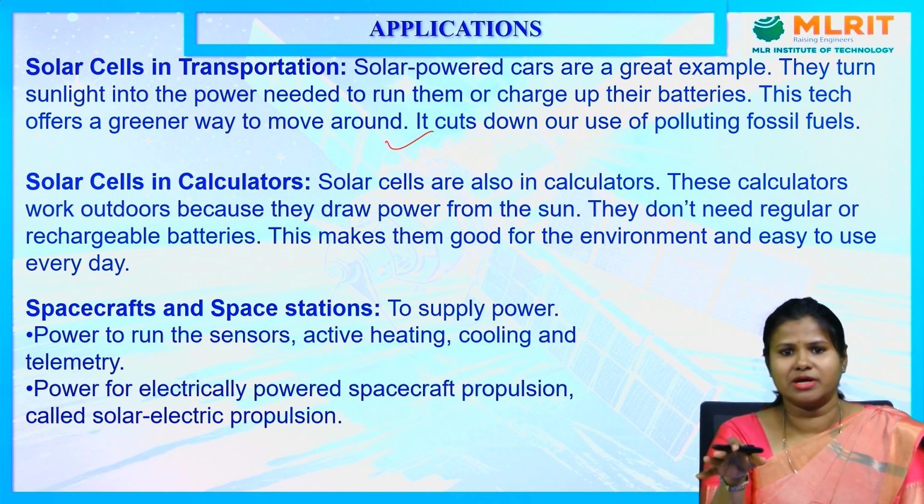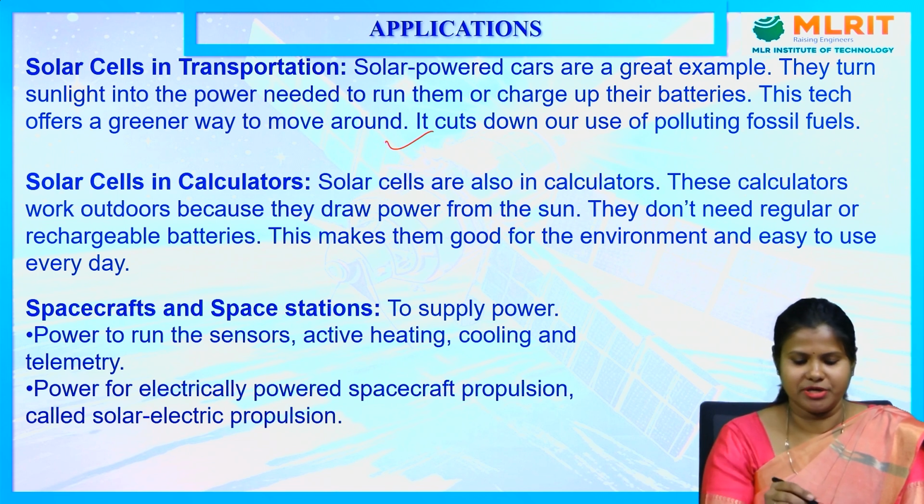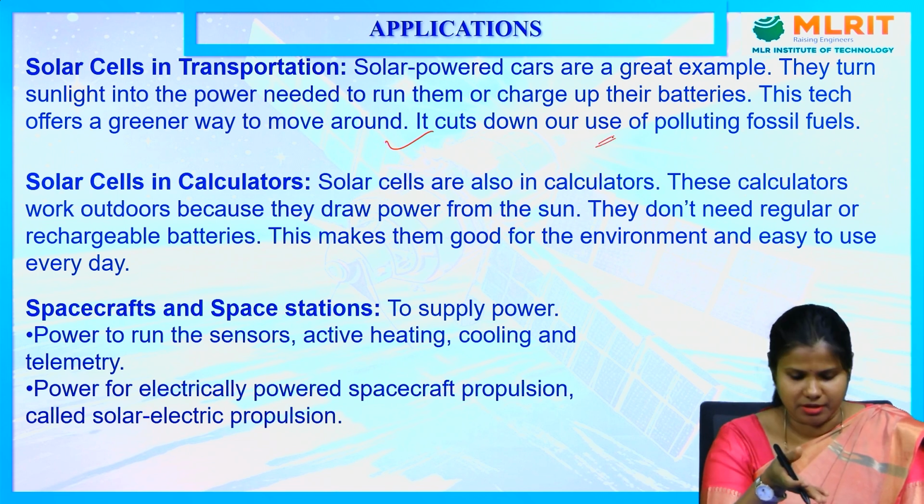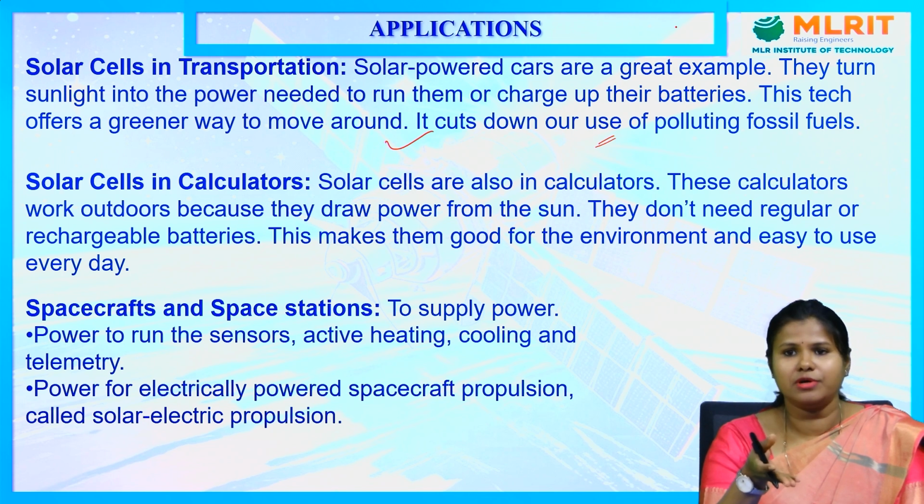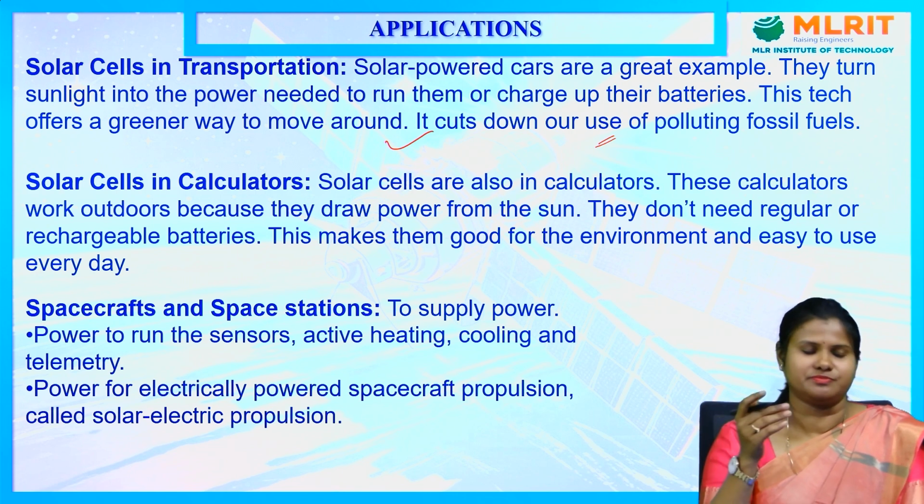Using solar cars we can reduce the use of fossil fuel, and also reduce the pollution of our air due to it. That's why this solar car will be very helpful to reduce the pollution, and we can also reduce the cost which we spend on fuel.